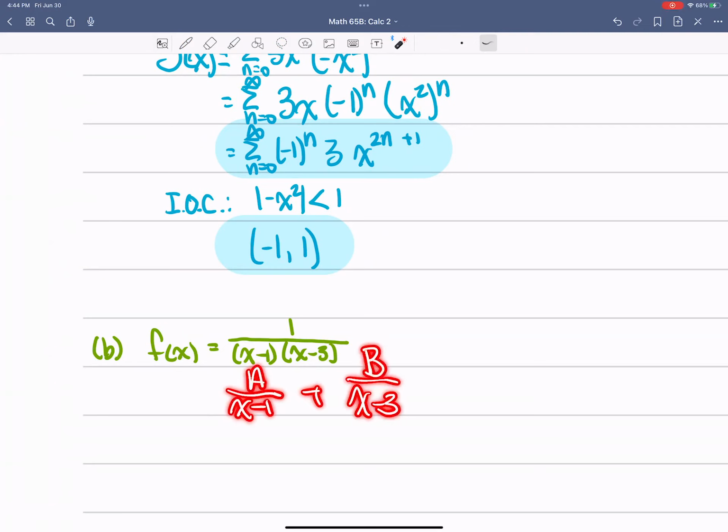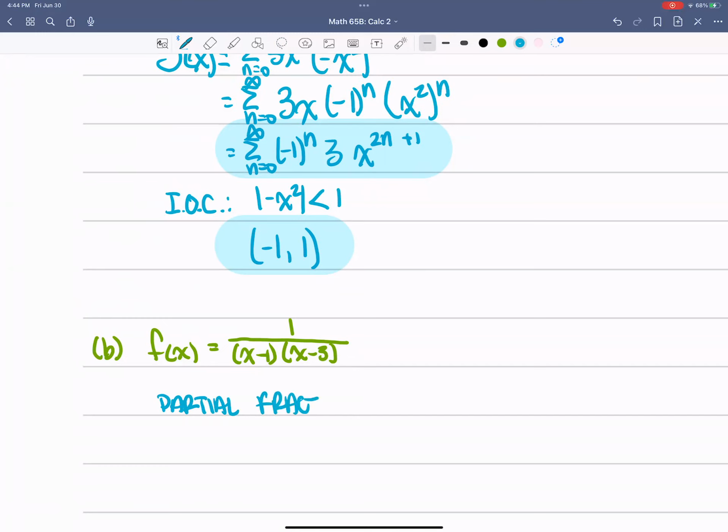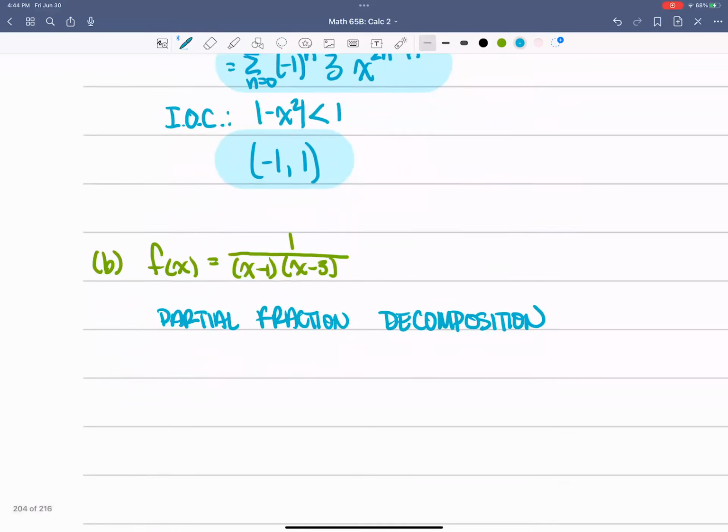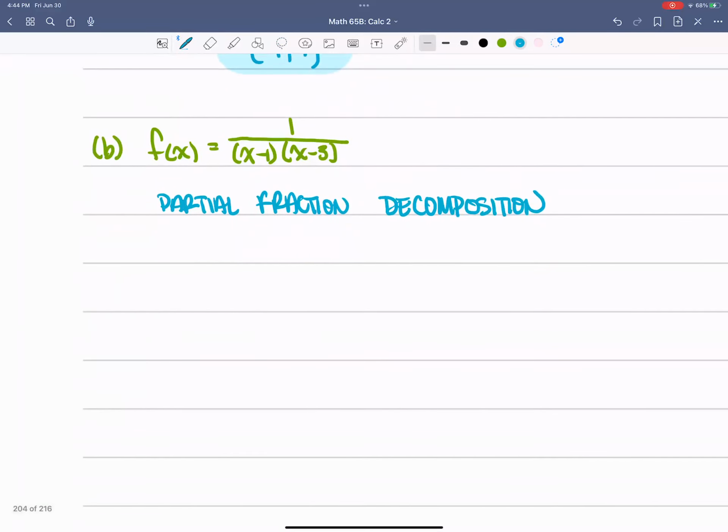If you need help with this one, what this is called is partial fraction decomposition. So for the partial fraction decomposition, we're looking for an equivalent relation just with those denominators separated.